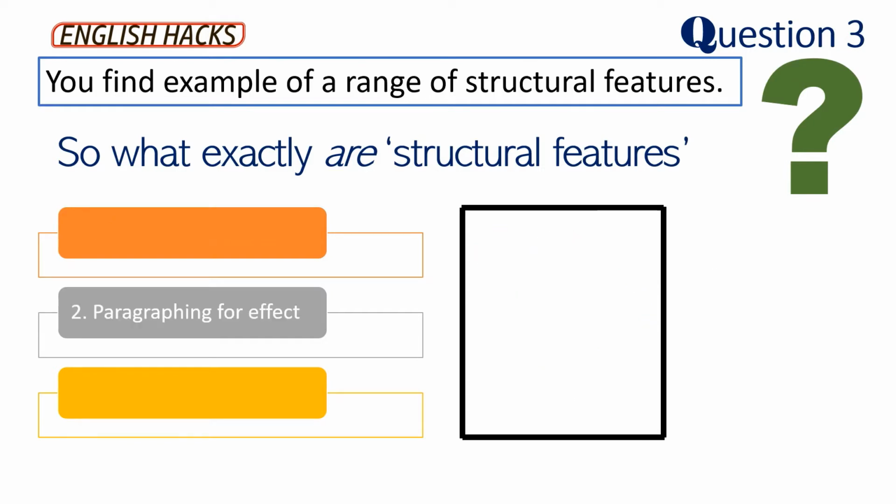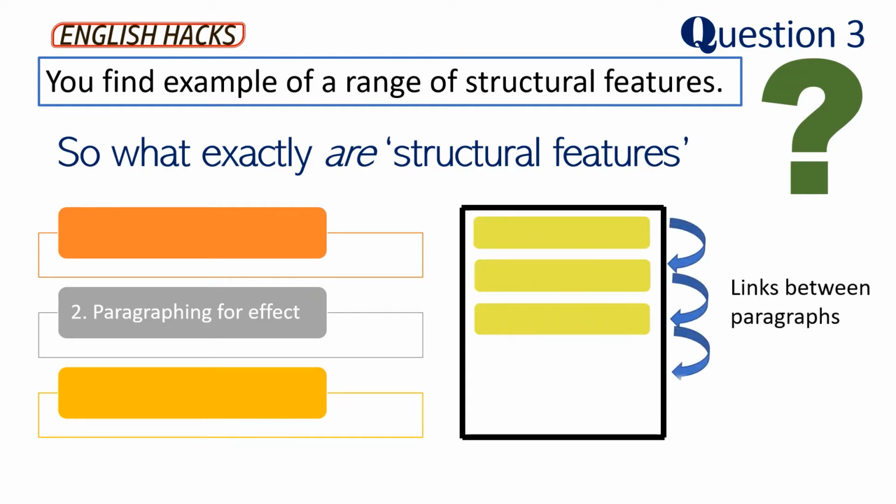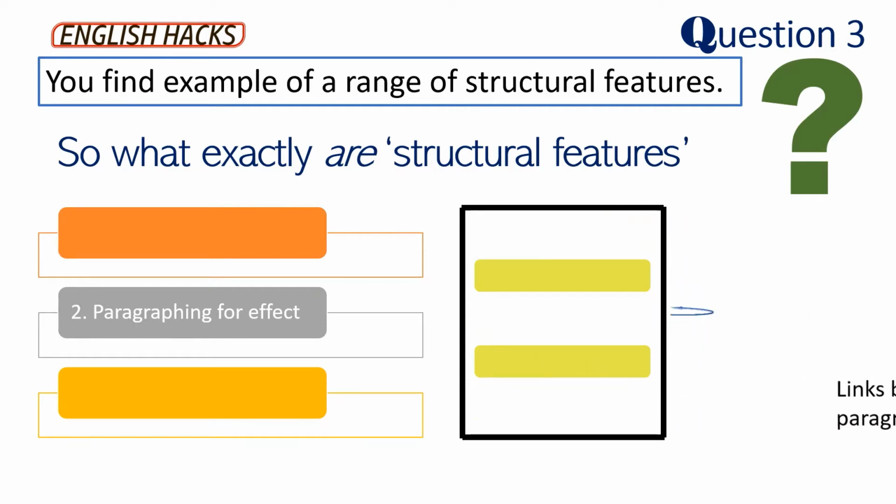A second type of structural feature is paragraphing for effect. One way in which you can do this is to write about the links between paragraphs. You might also spot and write about a flashback going on in the extract.